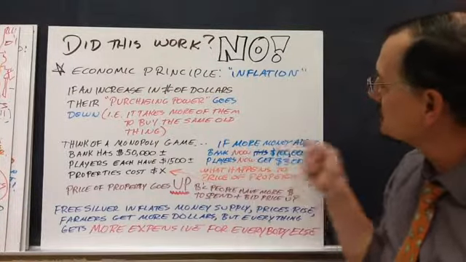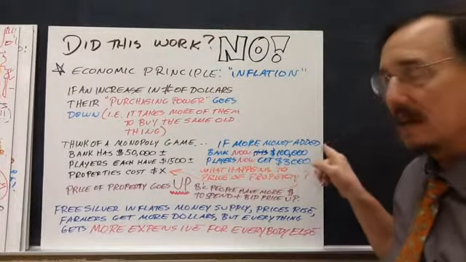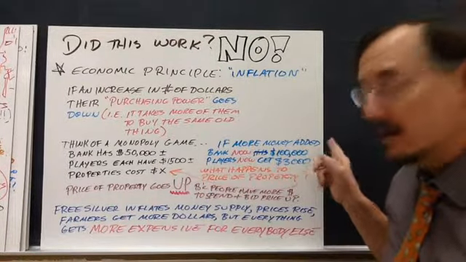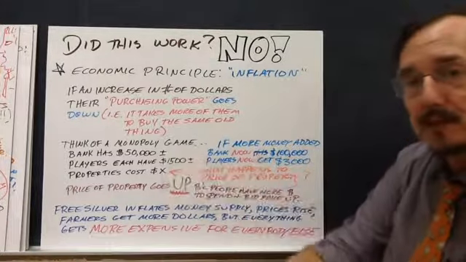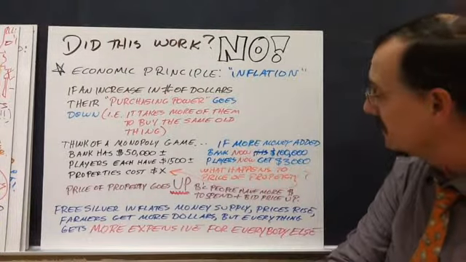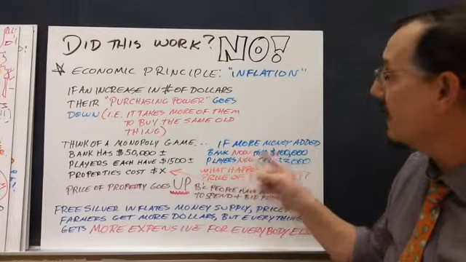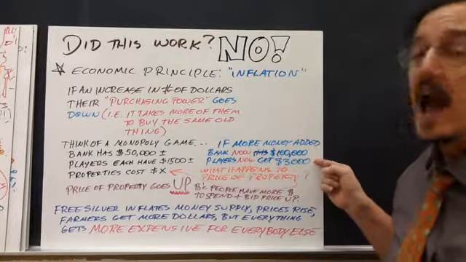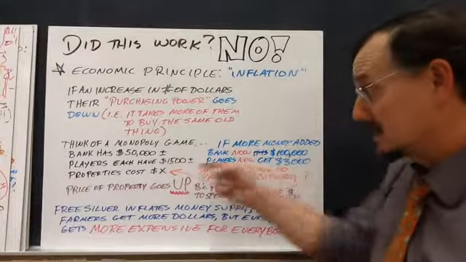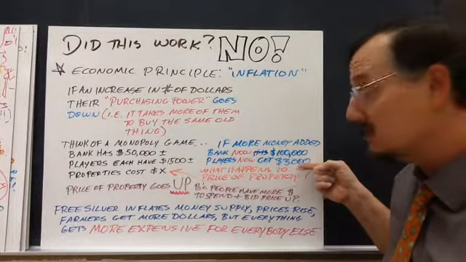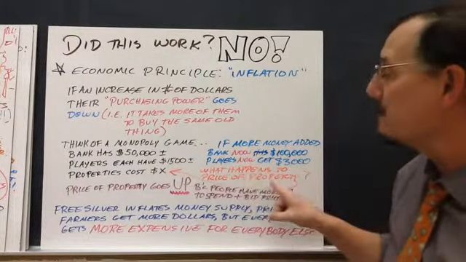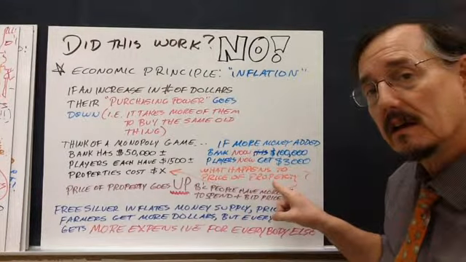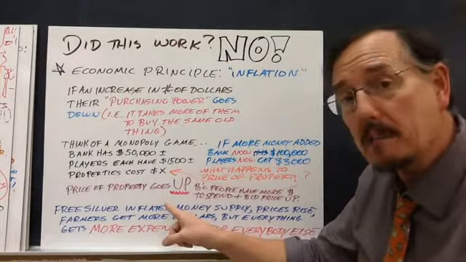Now, what about this? Think about this. What if more money was added to the bank? You take another Monopoly game and you put both sets of monies together, right? All of a sudden, the bank now has $100,000, and then players now get $3,000 instead of $1,500. What do you think is going to happen to the price of property? Well, the price of property is going to go up.